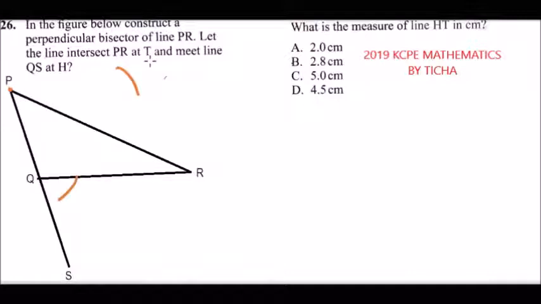You also put your sharp point on P of your compass and put another mark there. So you join the line where the two arcs intersect, and that should give you a perpendicular line to PR and also bisect PR. And this is what you expect once you do that.